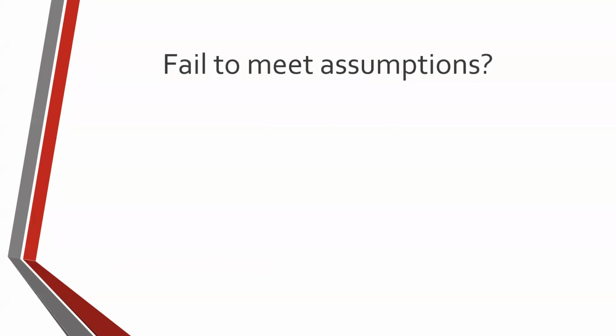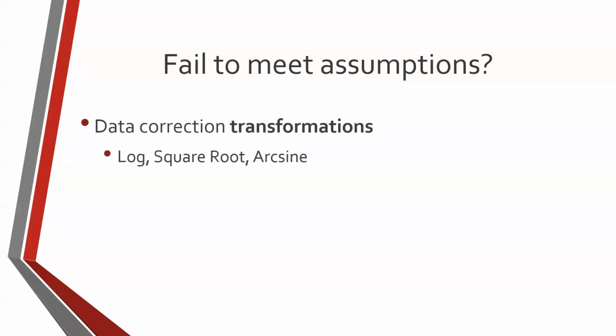So what happens if we do not meet those assumptions? There are data correction transformations, which are designed to correct the underlying distribution of the data without affecting the results. There are three main ones that are available in ARM.